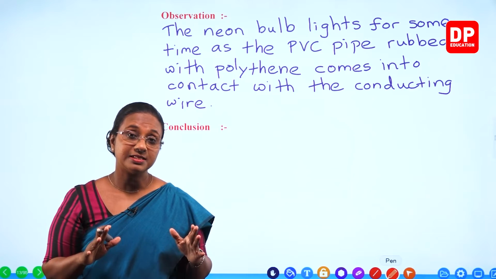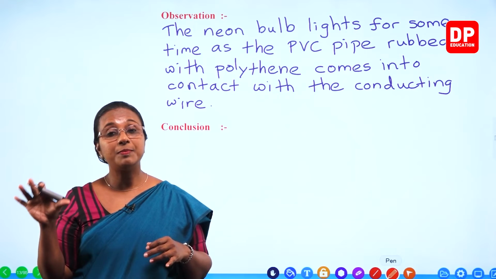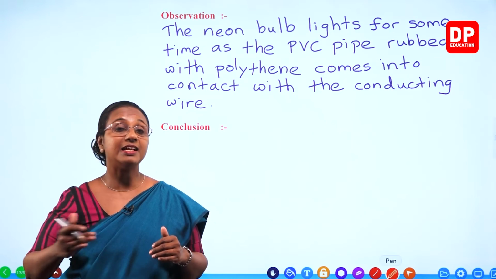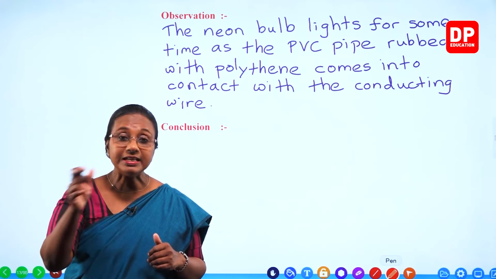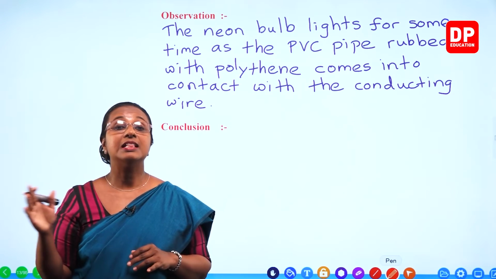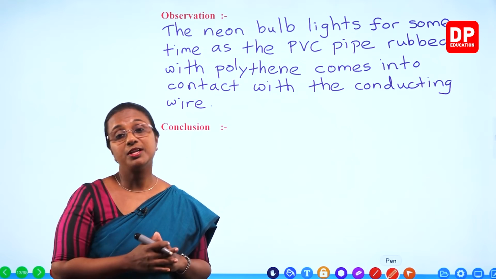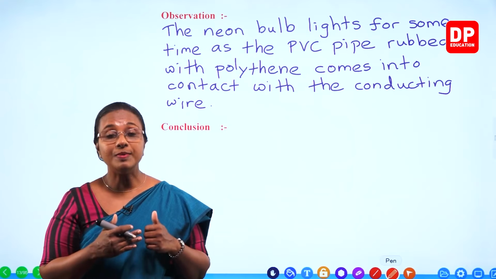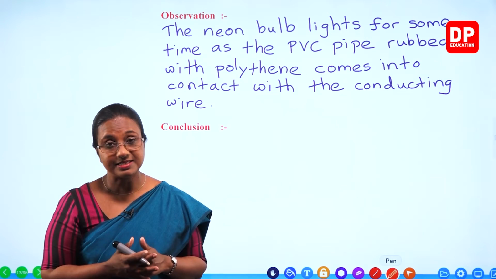So that means the charges that were present on the surface of PVC as static electric charges, when connected with a circuit, a complete circuit, they can flow from one point to the other. So the static electricity now becomes current electricity.